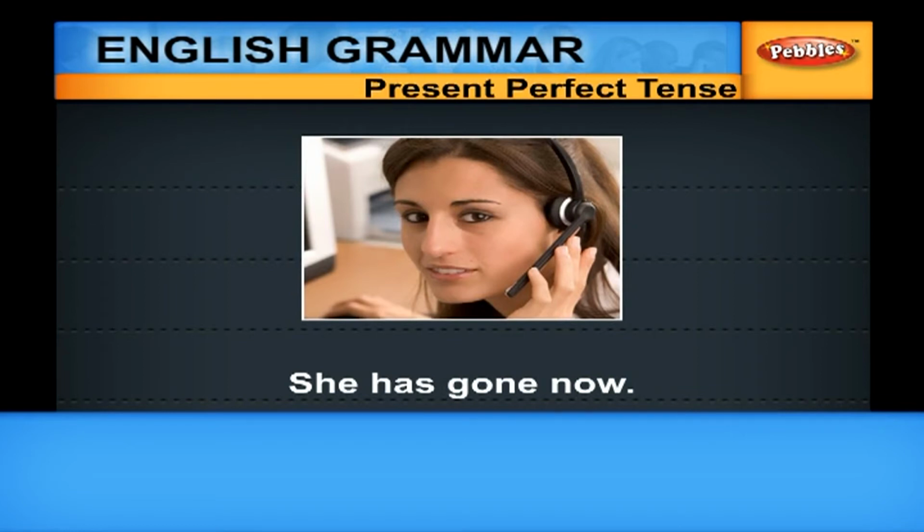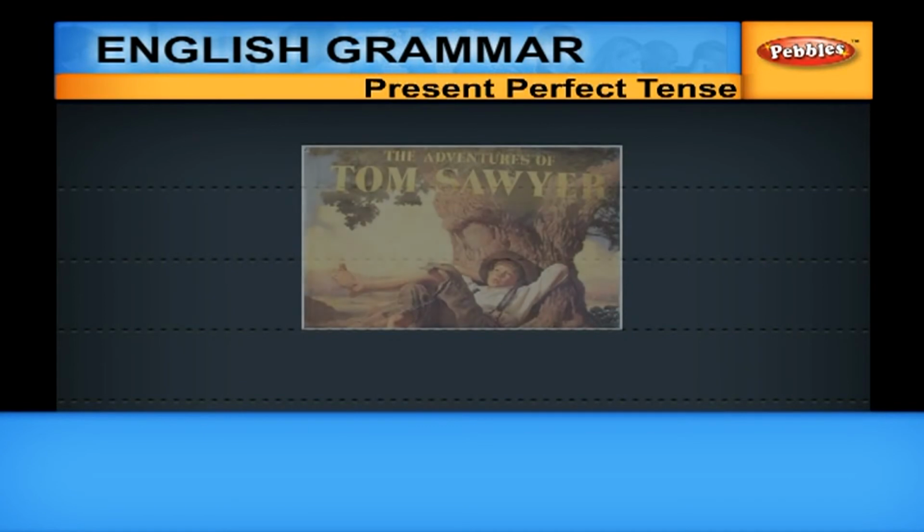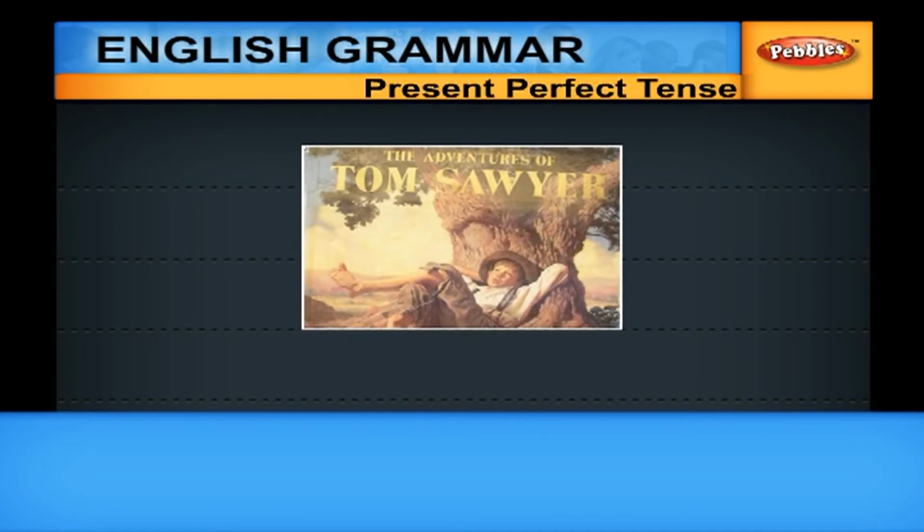We can also use present perfect to refer to a past action that took place at some time in the past, but the focus is not on the action but on its effect in the present. The past action has to be relevant today.